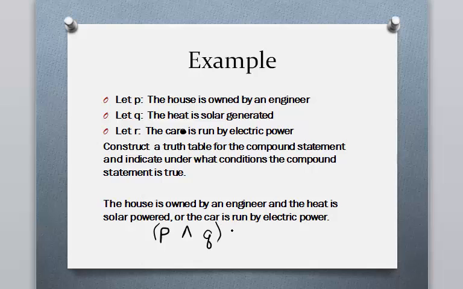And then we have an or, which is going to come in outside of the parentheses, or the car is run by electric power. And so we are trying to find, in parentheses, P and Q, and then outside of the parentheses, or R. And so we're going to set up a truth table for this compound statement.